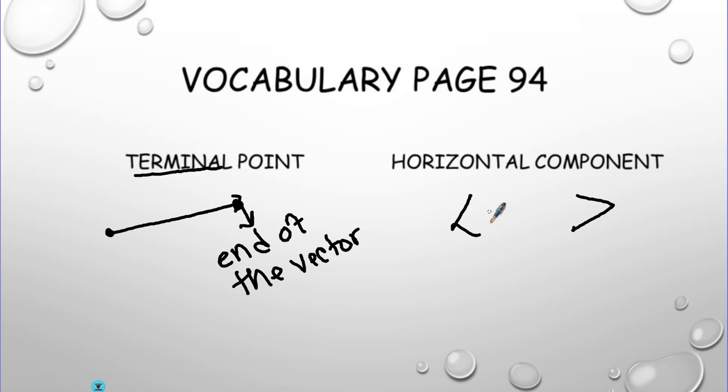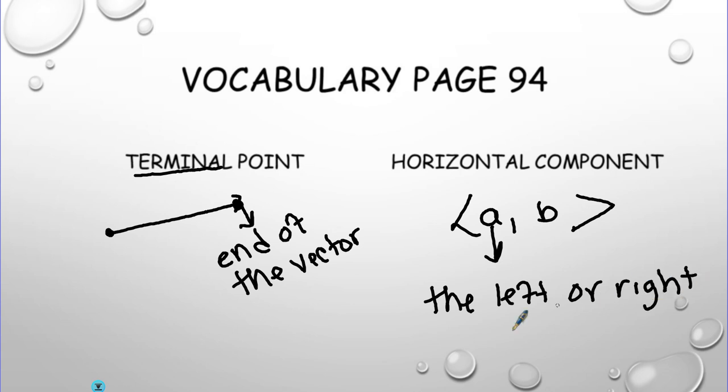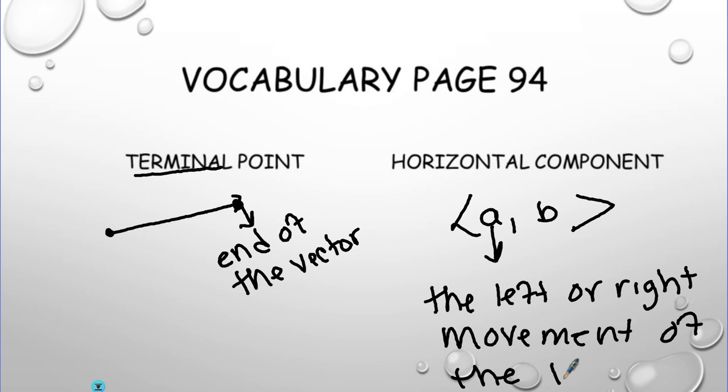That would be the first number. So if I wrote this as A and B, this is what we call the horizontal component, and this is the left or right movement of the vector.